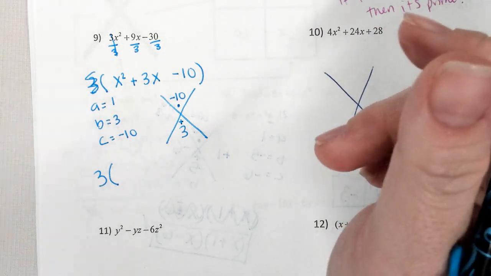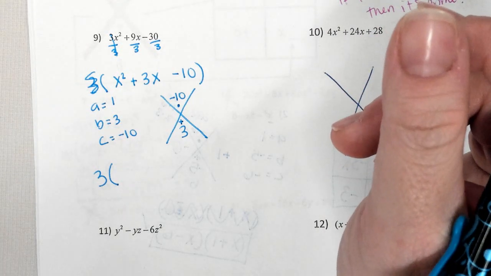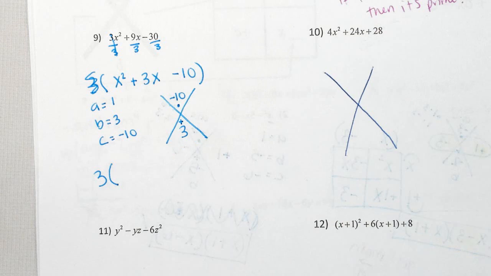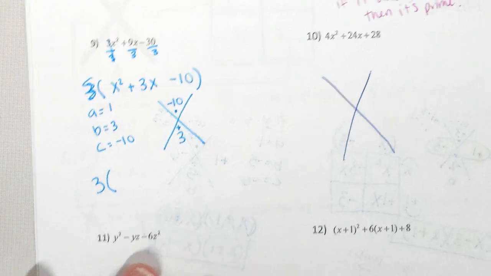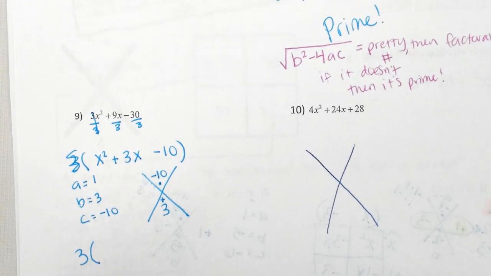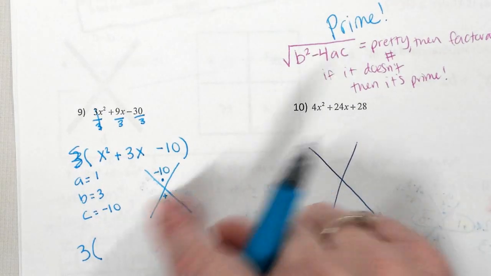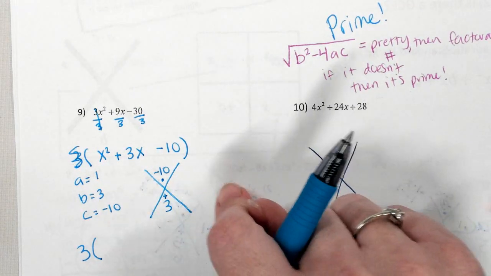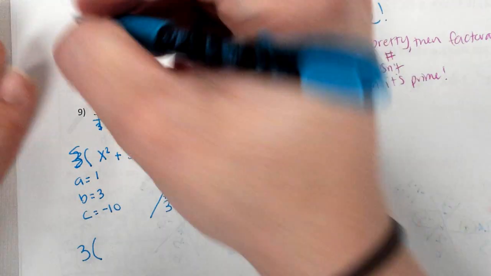You could probably figure this one out without the calculator, but I'm going to show you the calculator trick because you learned this last year, and you're going to have some bigger numbers on your practice. So I'm just going to use this one to show you. If you get stuck here and you're like, oh my gosh, this has to be prime because I cannot figure anything out, you can go to your calculator.